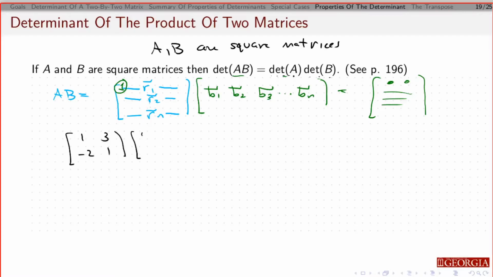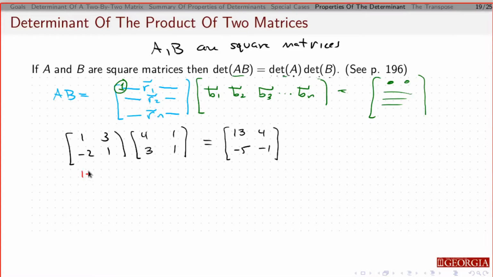So as a quick example, if I have two matrices, let's see, if I were to do the matrix multiplication, so I'd have 4 plus 9 is 13, 1 plus 3 is 4, I have minus 8 plus 3 is minus 5, minus 2 plus 1 is minus 1. So let's see, what's the determinant of this?